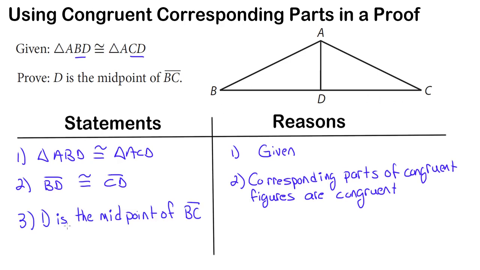And so that is our third point. D is the midpoint of BC. And what is our reason? Well, that is simply the definition of midpoint. So we have successfully proven that D is the midpoint of line segment BC.